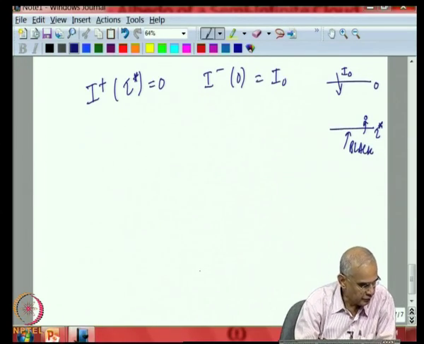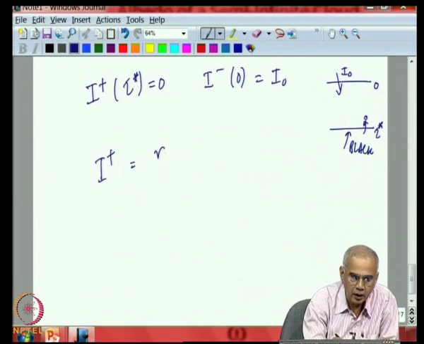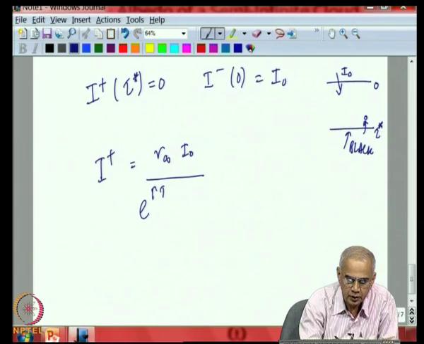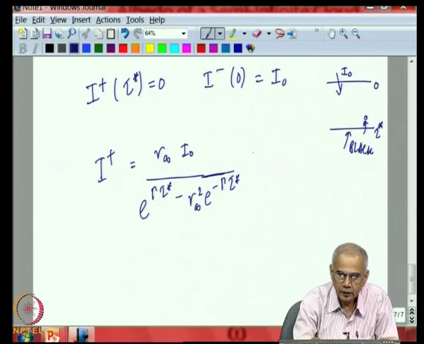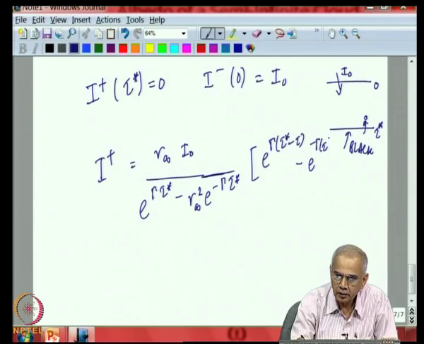So, that is the assumption I am making. Once you do that, the expression for I plus comes out as R infinity I 0 by (e to the power of gamma tau star minus R infinity squared e to the power of minus gamma tau star) into (e to the power of gamma (tau star minus tau) minus e to the power of minus gamma (tau star minus tau)).